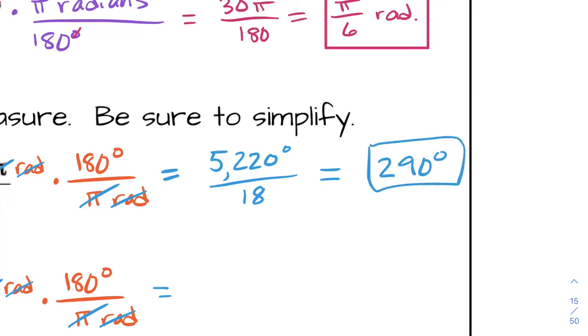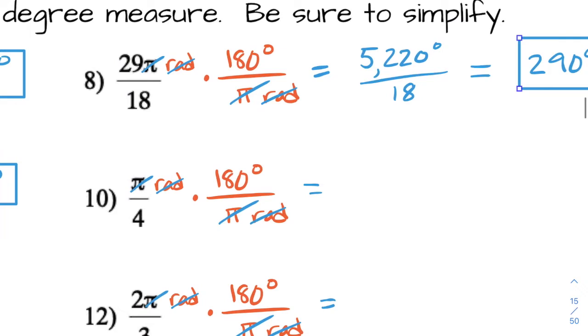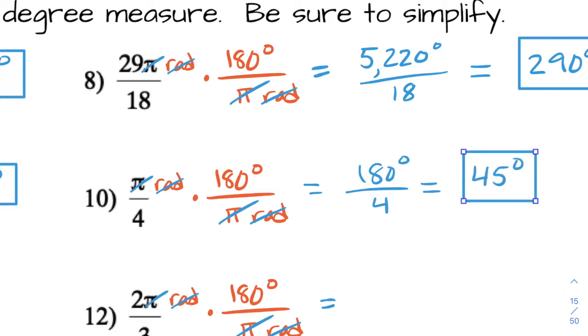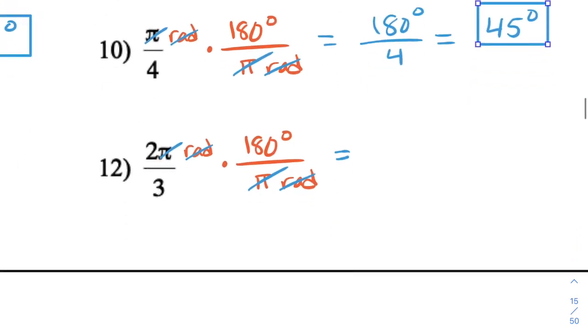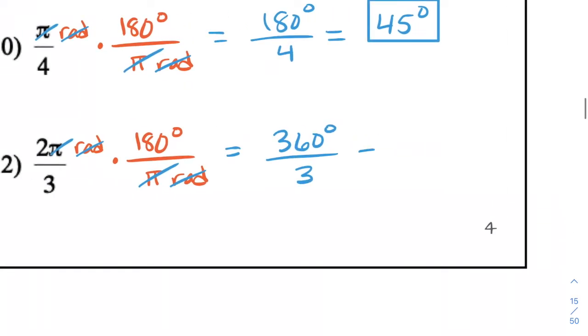Okay, should be a pro by now. Hopefully you can do the rest on your own, but I'll finish these off. 180 divided by 4, which is 45 degrees. Don't forget that's not a 0, it's a 1. Okay, and then we have 360 degrees over 3, which is 120 degrees.